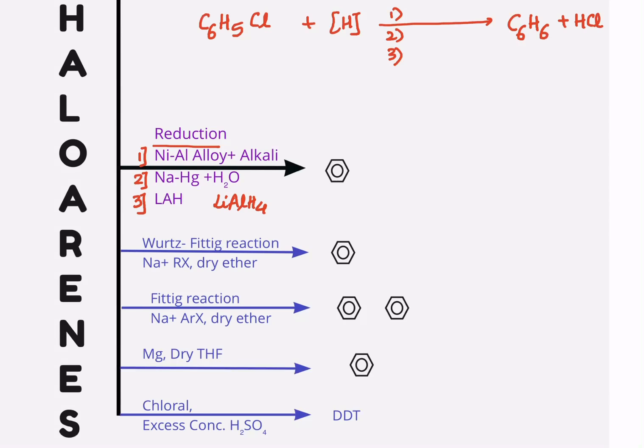Simple? Try changing the Cl to, let's suppose you take it as C6H5Br. Try writing the same reaction with all the 3 reagents listed. You don't use all 3, you use any one of the 3. Write the product of the reaction.